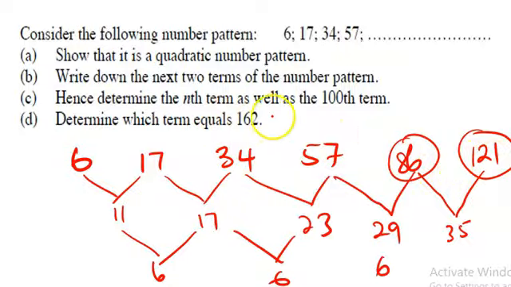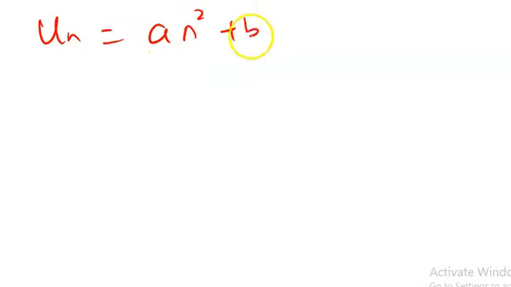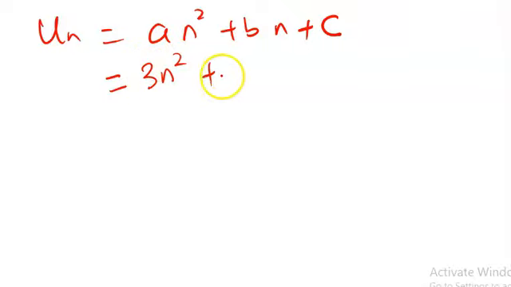Now hence determine the nth term as well as the 100th term. So here, after getting the values of a, b, c, just substitute the values. So the nth term, un, is equal to an squared plus bn plus c. So a is 3, so 3n squared plus b is 2, 2n plus c.